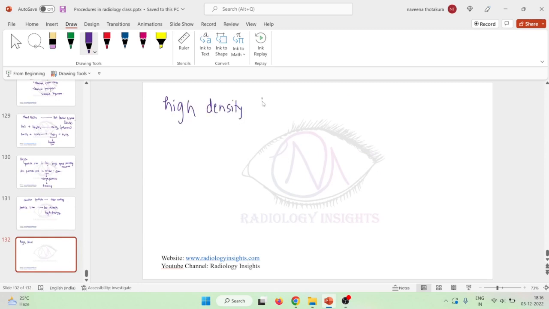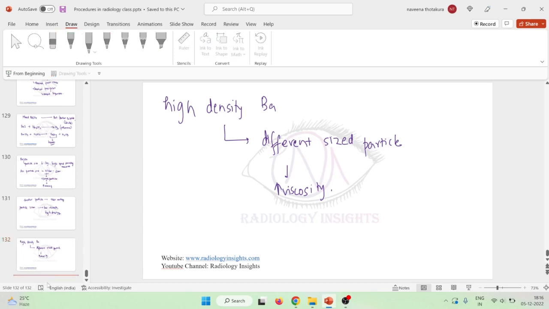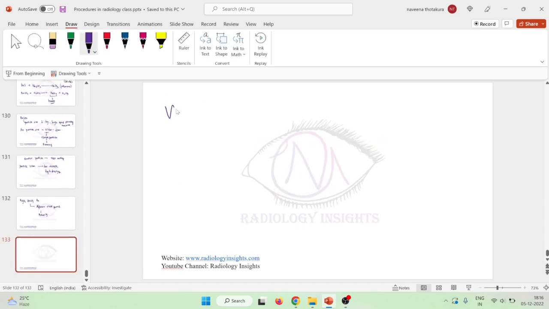This high density barium will contain a mixture of different sized particles, and because it contains different kinds of particles, it can have increased viscosity.